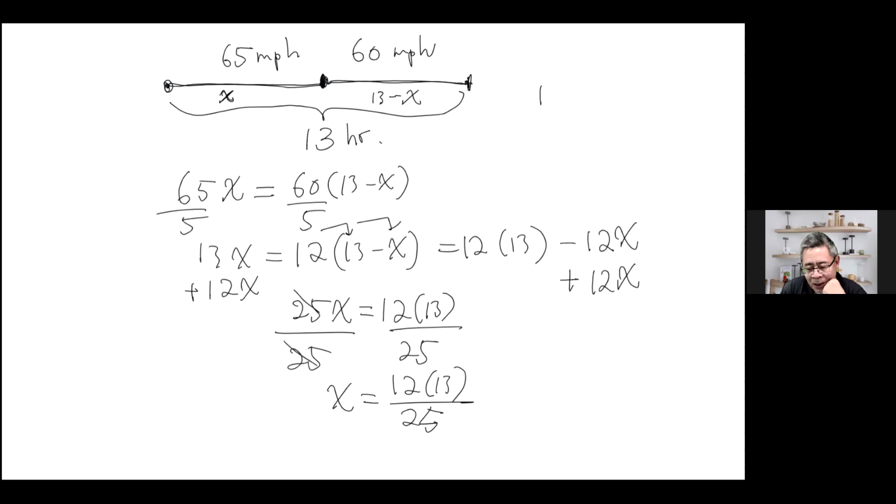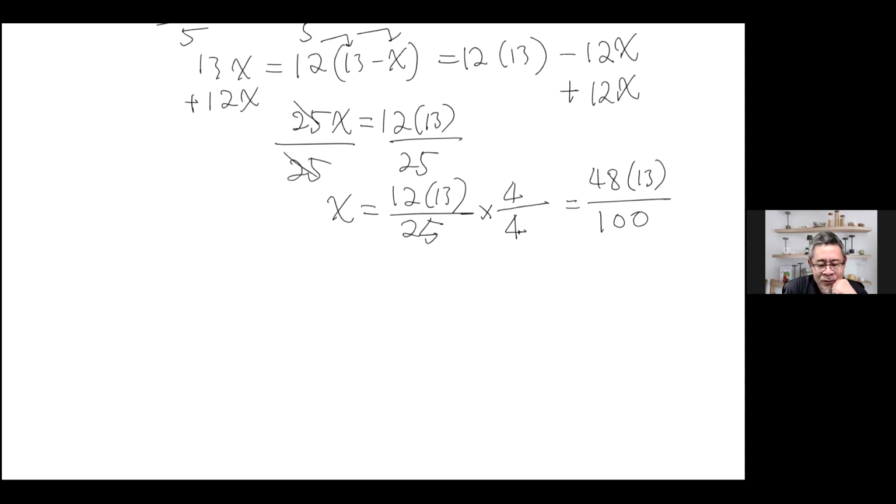We can multiply by 4 over 4. 4 over 4 is just 1, so we won't change the value, but we change how the thing is done. Notice that on the bottom, that's simply 100, and on the top, 4 times 12 is 48, times 13. So all we need to do is 48 times 13, then we move the decimal by 2. So we don't have to divide by 25, and multiplication is normally easier.